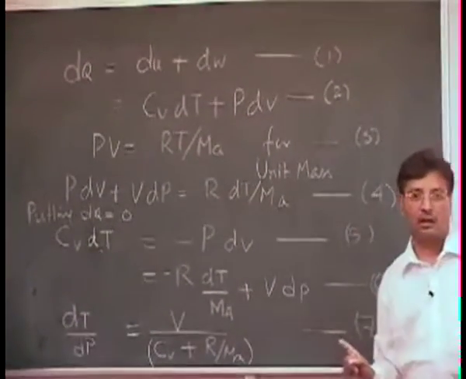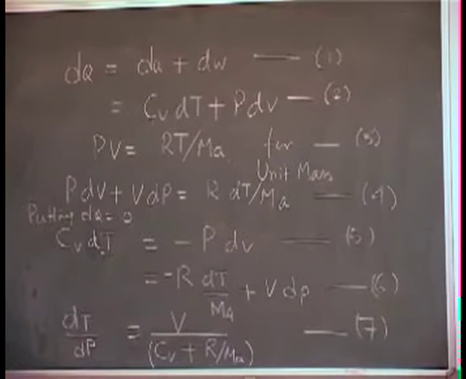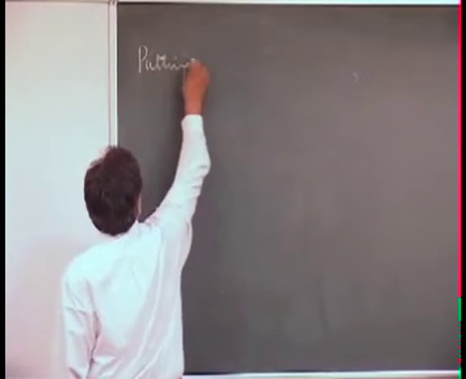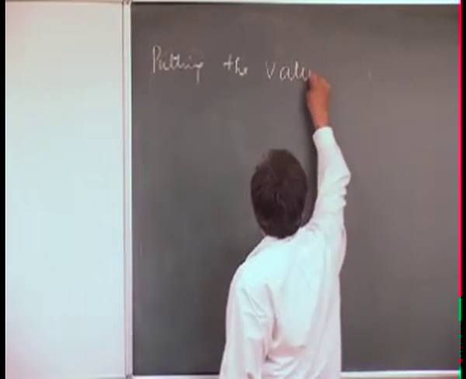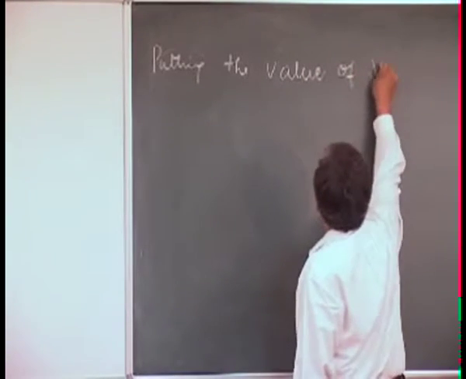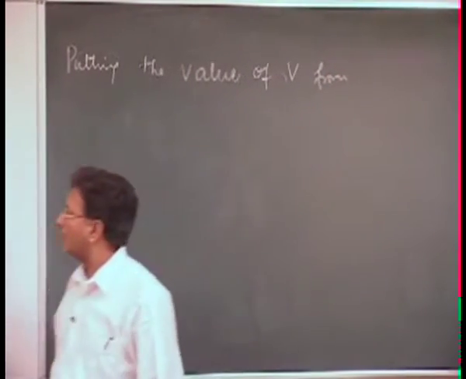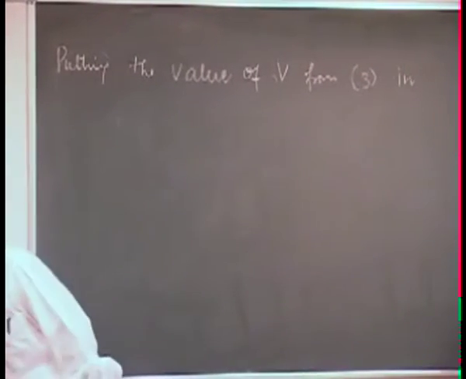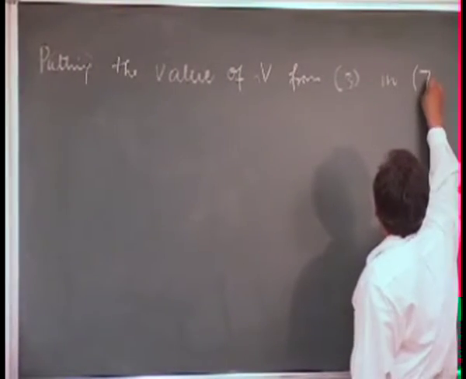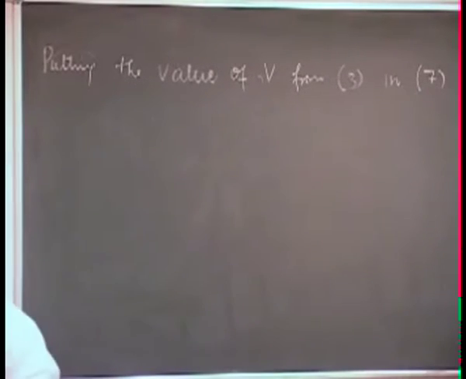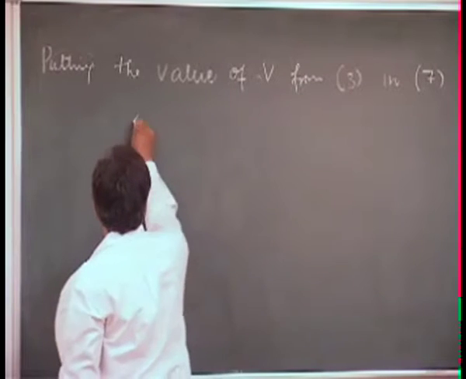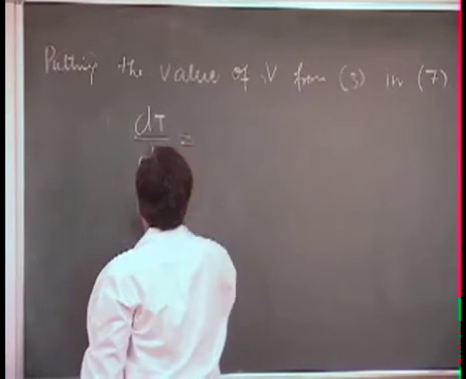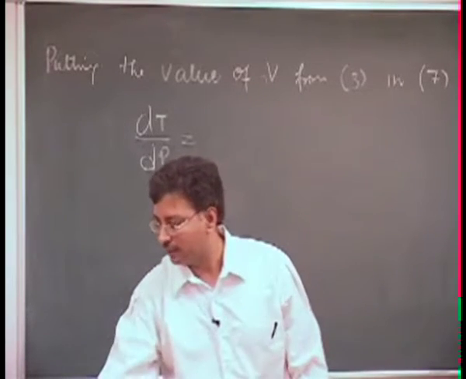Putting the value of V from equation 3 in equation 7, I'll get some expression which is of interest to me, and that expression, dT by dP, I would like you to give me and see if that matches.